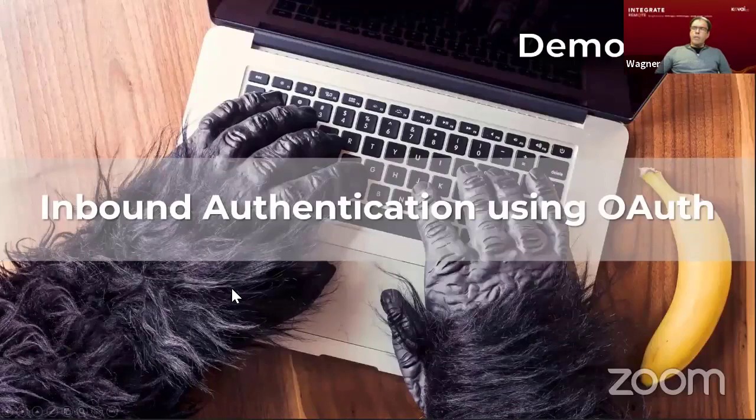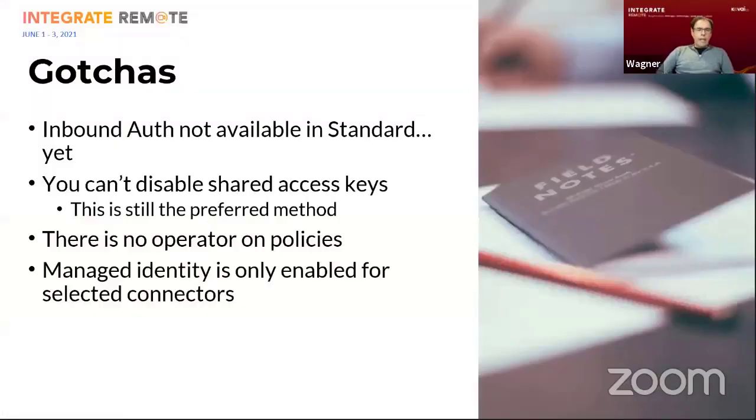Let's think about some of the gotchas. You probably noticed that for that demo, I was using logic apps consumption. Ideally, I would be doing that with logic apps standard, if I could. Not that we're always going to be doing things with standard, but just to show the capability there. But inbound authentication is not available in logic apps standard yet, and the stress is on the yet, right.